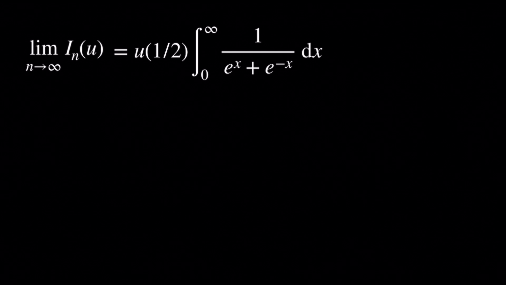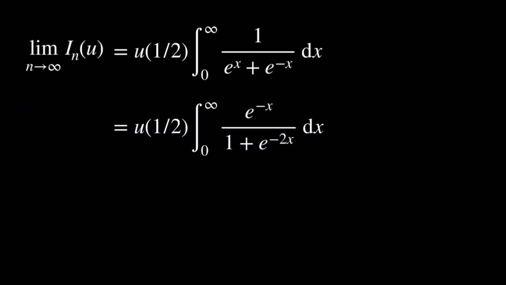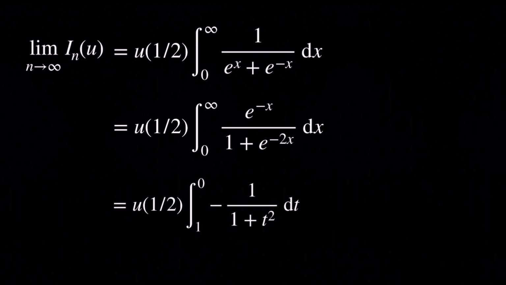Now we want to multiply the top and bottom by e^(-x). Okay, so we're going to get the following, and then we're going to perform a change of variable. This is our second change of variable. We set t equal to e^(-x). So we're going to get u(1/2) times the integral from 1 to 0 of negative 1 over 1 + t^2 dt.